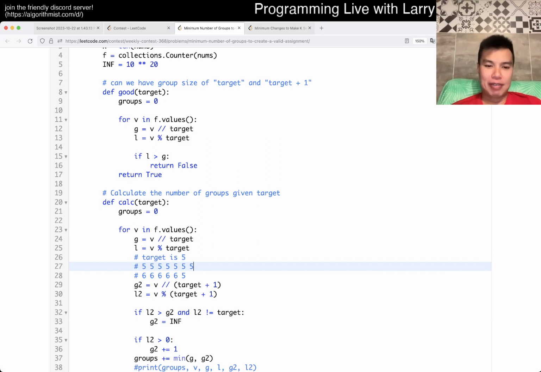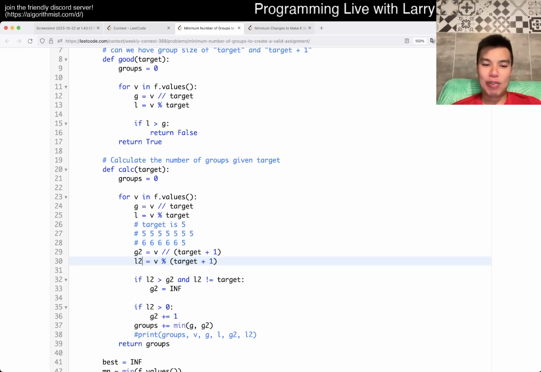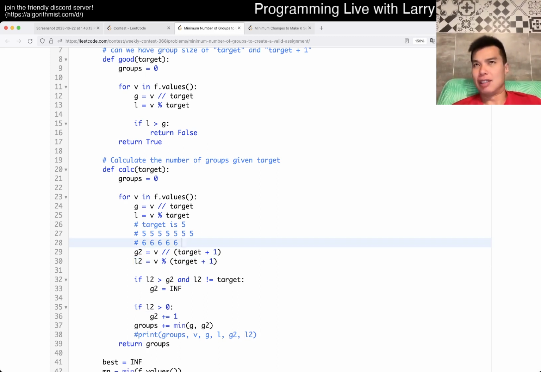You have 7 of these 5s or this, and that will still be good, because now you have 6s instead. So that's basically the idea here, that now we try to see the number of the bigger groups, and then we see the leftover. If the leftover is either 0 or target, then if there's no leftovers, obviously this fits the target plus 1, or if it's exactly target, then that's also good.